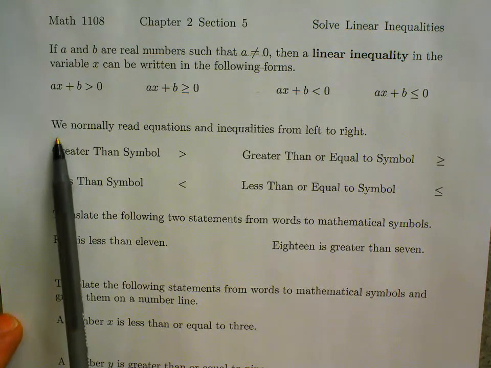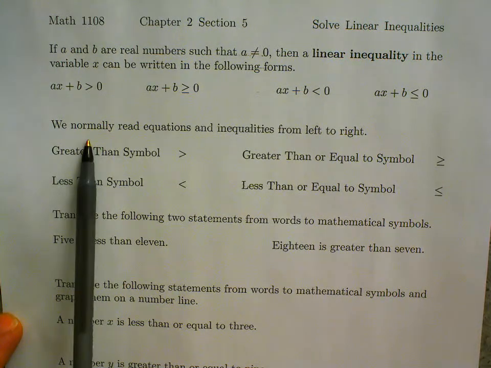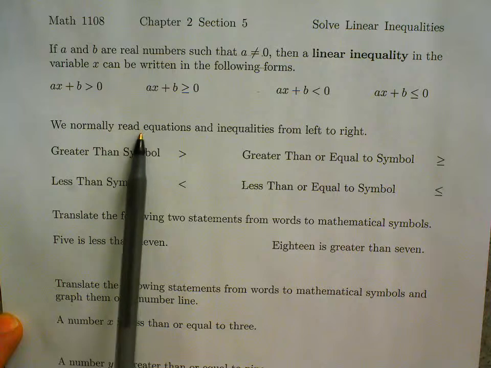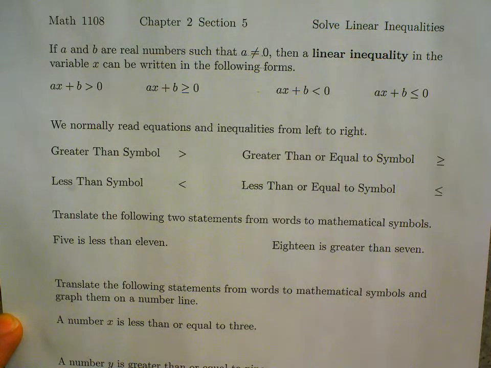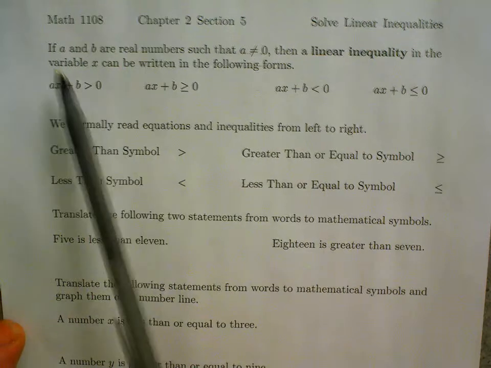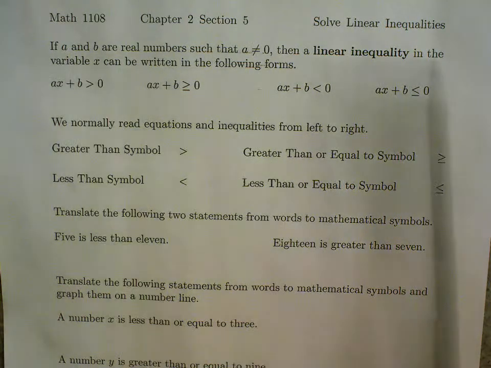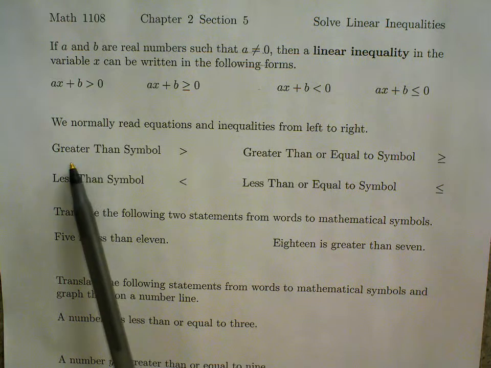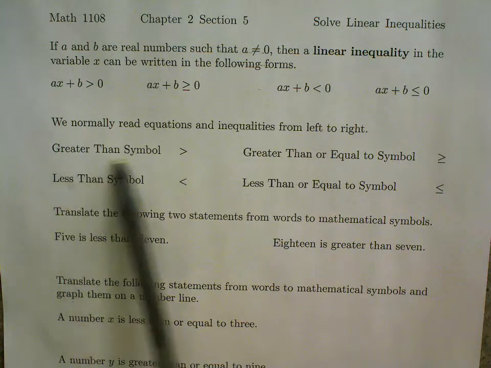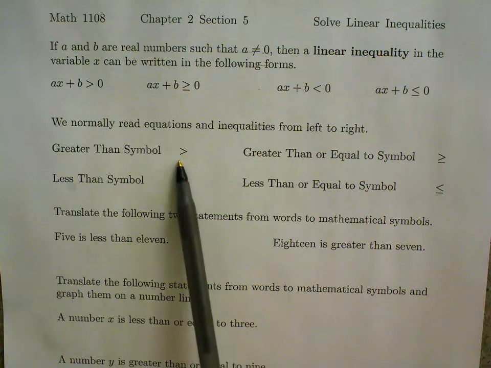It's conventional, or we could say normal, to read equations and inequalities from left to right, just like we read from left to right in ordinary English. And so with that in mind, the greater than symbol looks like this.